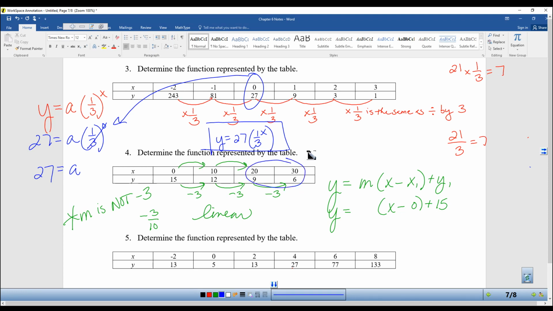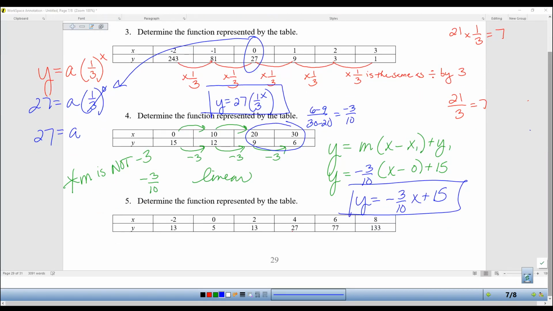So if I took 2 points, then it would be y2 minus y1 over x2 minus x1, -3 over 10. So just be careful of that. It's not just this number. It depends on how much x is moving each time. So my final answer is y is equal to -3/10 x, since that's a 0, plus 15. I can simplify it a little bit.